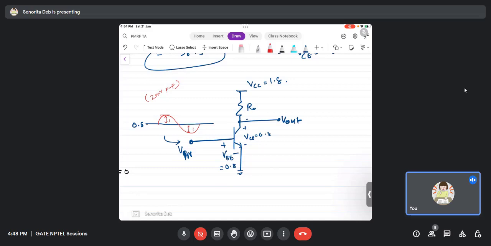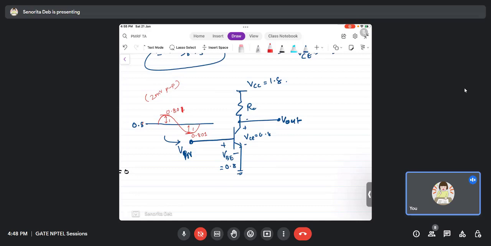So that means this is 0.8 volts. That means this is 0.802, this is 0.8. Sorry, this is 0.801, this is 0.801. Any doubt here till now, whatever I have written, or should I repeat?